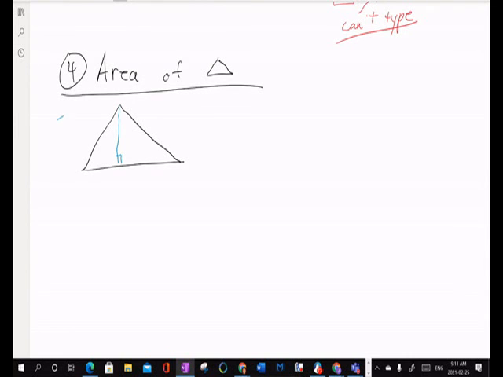I say that its height is 5 meters and its base is 10 meters. We said the area of a triangle was base times height, and then we divide it by 2.